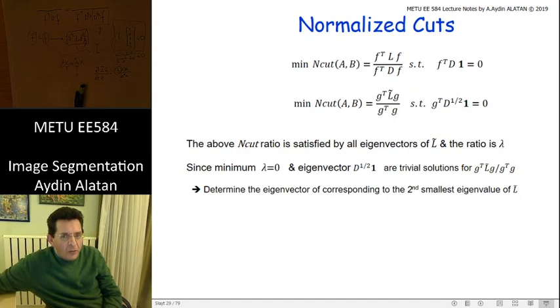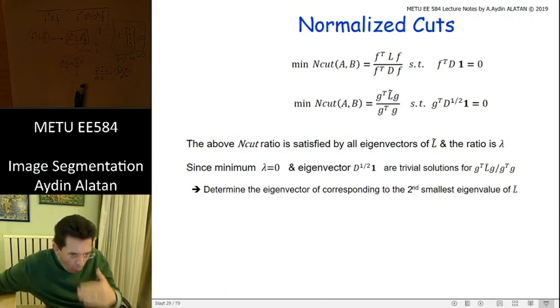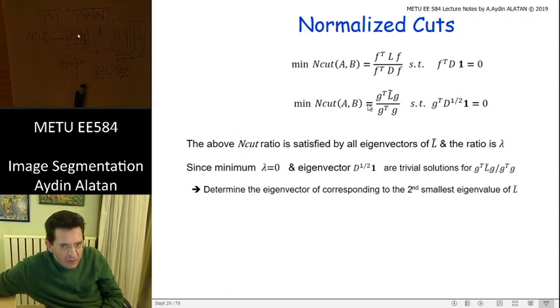We are looking for the second smallest eigenvalue, because the smallest one, lambda, is always 0 for every connected graph. Therefore, the second smallest will give you this thing to be minimum, but there is a problem.